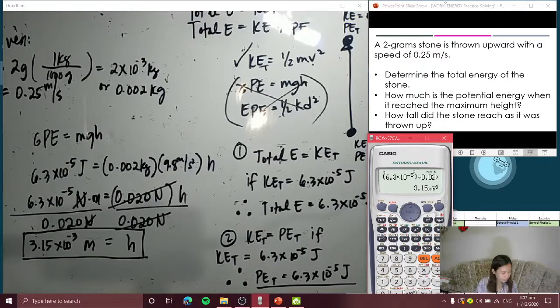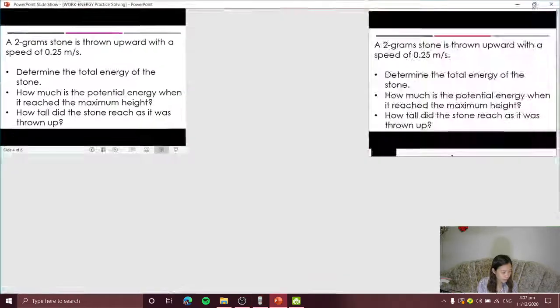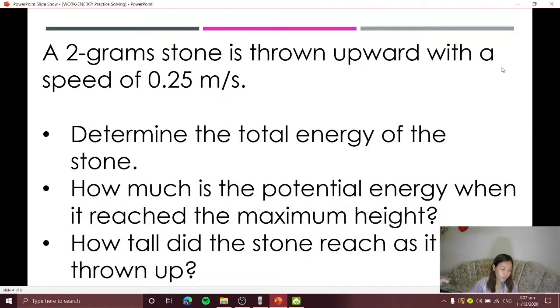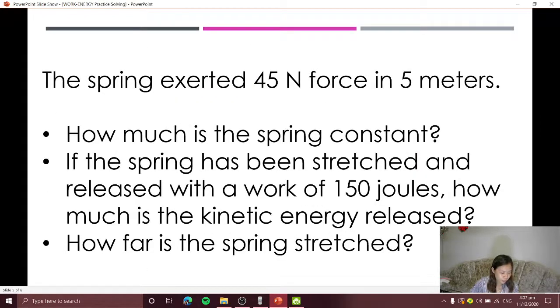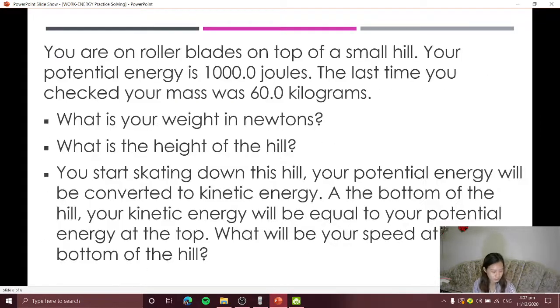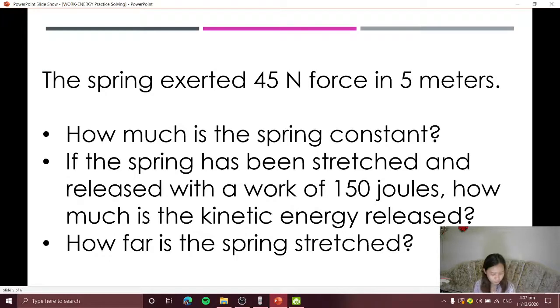Now, since we're done with the second problem, let us have our next problem. We are almost there. For our third problem, the spring exerted 45 Newton force in 5 meters.